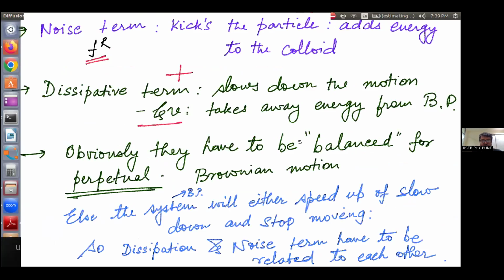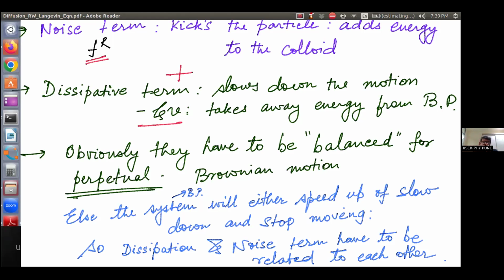There are two terms which come in together, right? The noise term gives kicks, random forces in random directions, or if you like, you can decompose it in the x, y, and z directions, and it adds energy to the colloid. You are giving a force to the colloid, so its velocity would increase. So it adds energy to the colloid, and that's why it has to be balanced by the dissipative term. Energy is lost when the particle is moving.